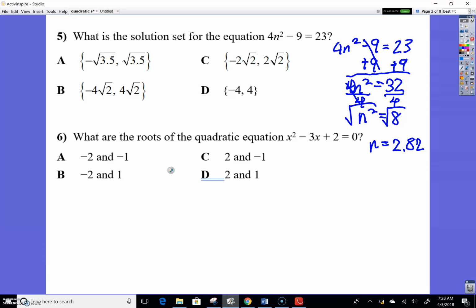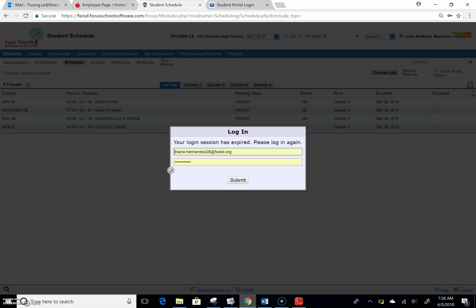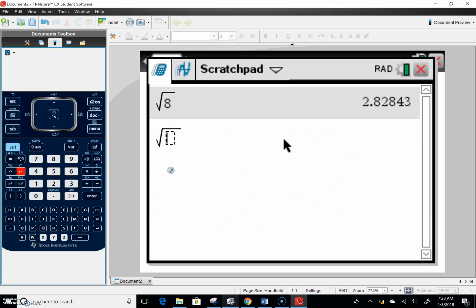So, we don't know which one is 2.82. Okay, we know it's not that one. I'm going to try A first. Control, divide. I'm going to go 3.5.